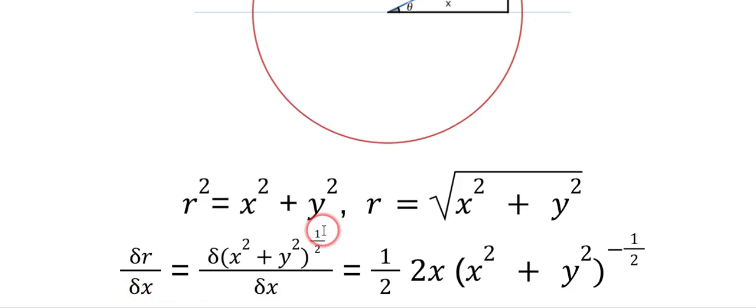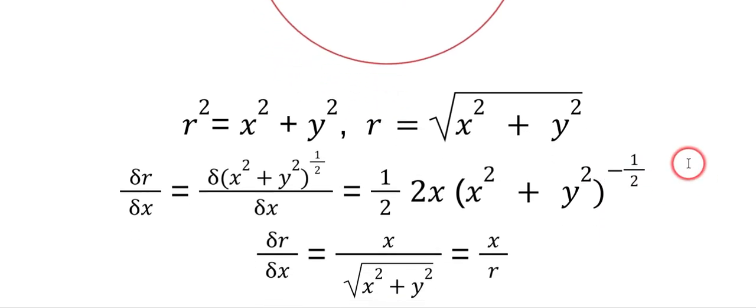I wrote the square root here as a 1/2 power because it makes it easier. So we take the derivative of this with respect to x. The 1/2 comes down. We take the derivative of what's inside, which is 2x. Then we subtract a 1, so it's minus 1/2. All right. We simplify that. The 2's cancel. We get x over the square root. But what is that? Well, we just saw it right here.